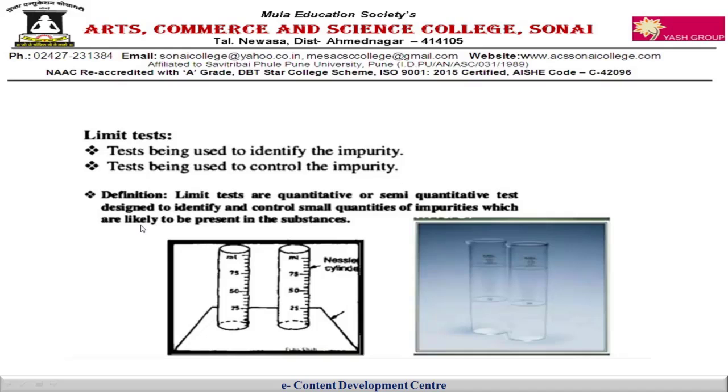Now the definition of the limit test. The limit tests are quantitative or semi-quantitative tests designed to identify and control small quantities of impurities which are likely to be present in these substances.